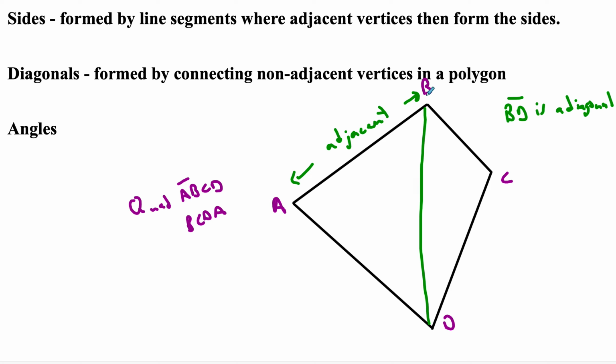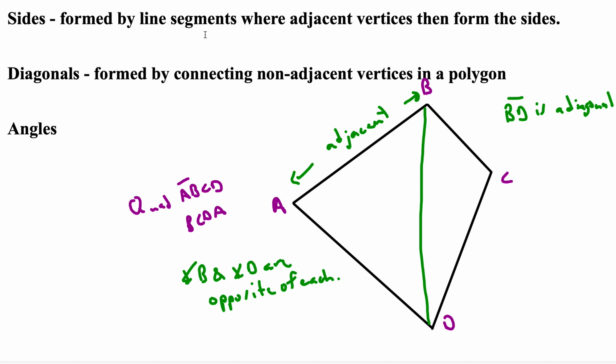We could also say that when we look at angle B and angle D, they are opposite each other. Now, this only really works for quadrilaterals because they have four sides, so it's easy to distinguish. There's only two adjacent. We'll see when we get to many more sides that it's hard to say there's many opposite angles, so we don't say that they're opposite angles at all.